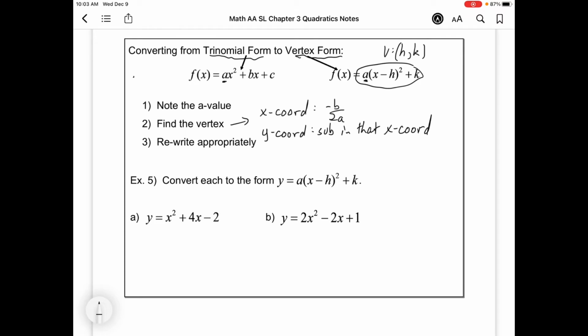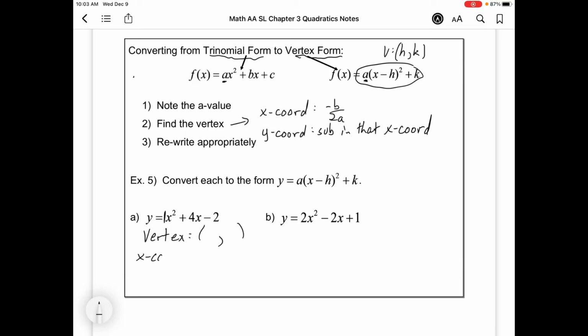So let's try that out in two examples. In the very first one, we have x squared plus 4x minus 2. There's really a 1 in front here. So if I want to put it in vertex form, it would be really helpful to know the vertex. Right? And we did this in the last lesson. The vertex is going to be at something, something.